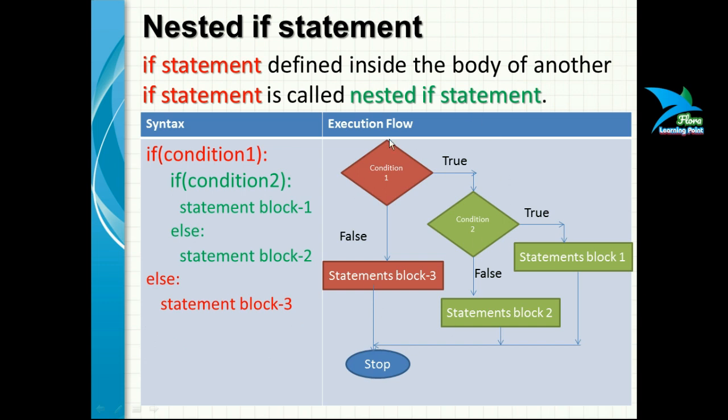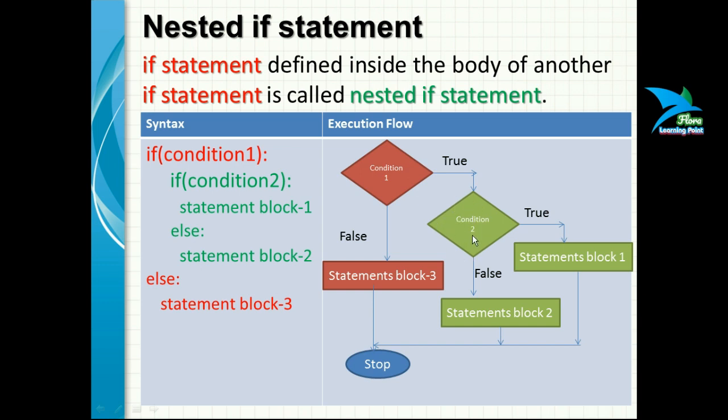Here we have the flowchart of this nested if statement. Here we have a parent if statement. Then, if this condition is false, the statement block 3 will execute and the program will stop. If the condition is true, then the control will enter into the body, the if section of this statement. Then, inside this if statement, again we have a nested if statement.